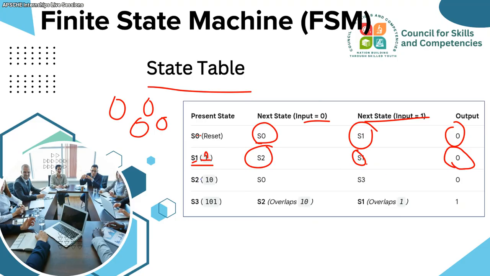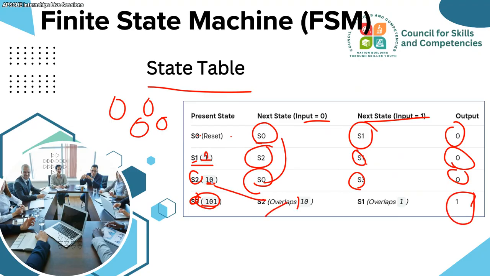Then when it moved to S2, it has 10. If the input is 0, then we have to go to the S0 state and start again from the first. Or else if the input is 1, we found 101, and the output is 0, and we move to S3. Once it reaches 101, the output is always 1, and depending on the input, it goes to S2 or S1.